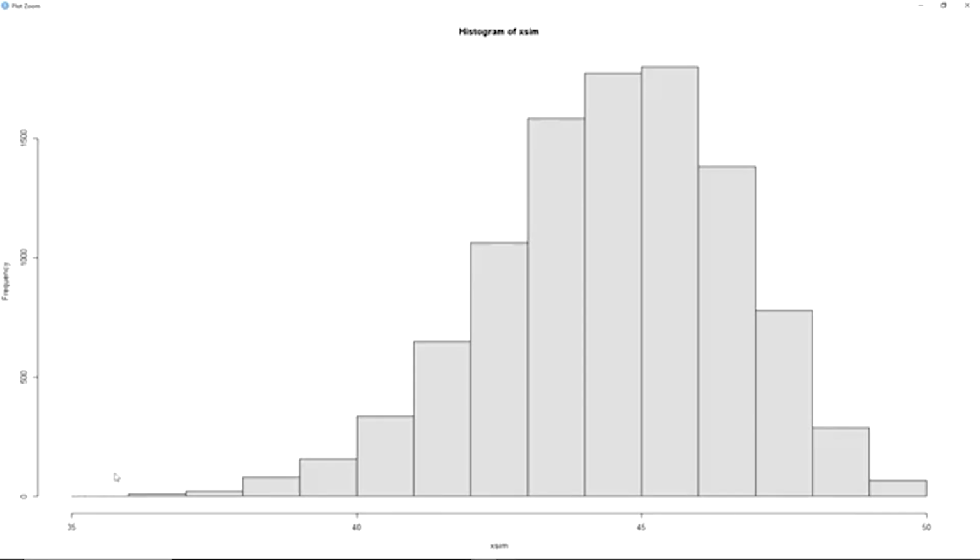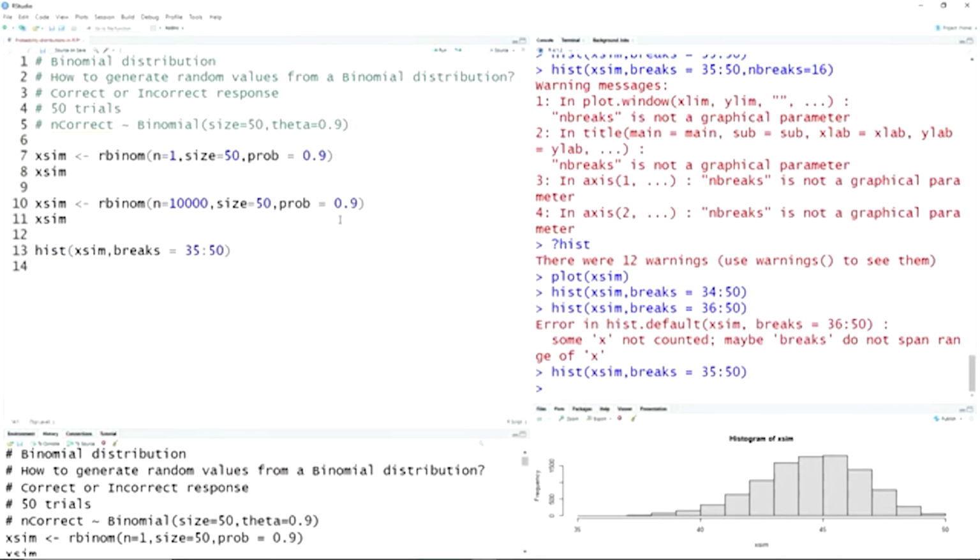You get basically no experiment with fewer than 35 correct responses, because that is rare. The probability mass function would assign a very low probability to an outcome less than 35. So this graph mimics the probability mass function of a binomial distribution with underlying probability of success 0.9 and number of trials 50.